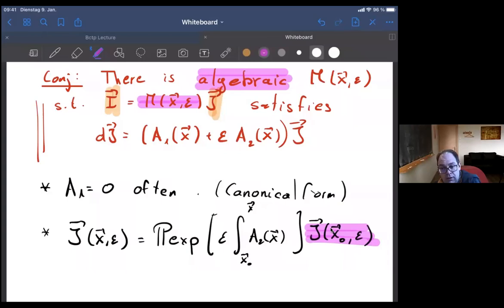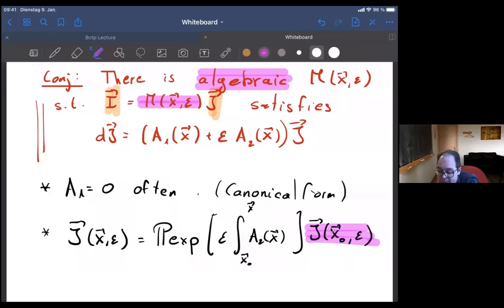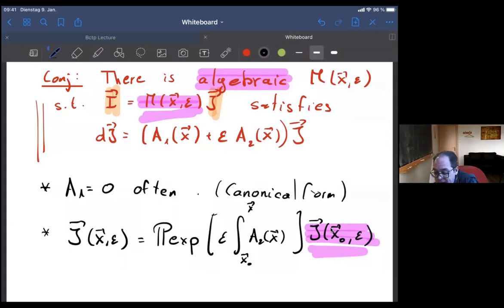No. It seems to me that the initial condition has the same poles as the... No, that is not correct, because there are two places where you get epsilons from, which is here and here. This quantity may even start with zeros in epsilon. This may be proportional to epsilon. So even if this guy has a pole in epsilon, this guy may not, for example.